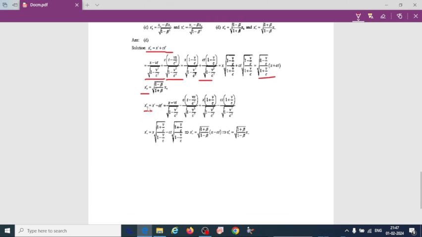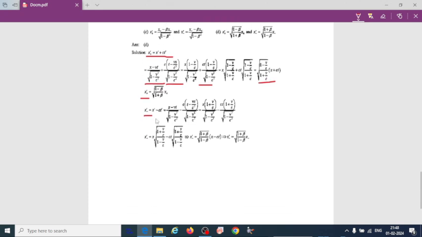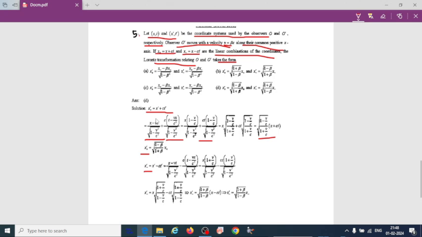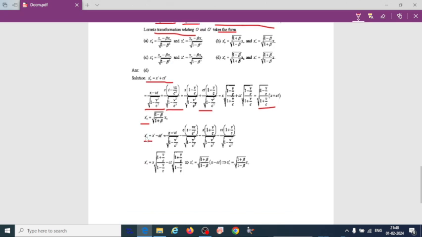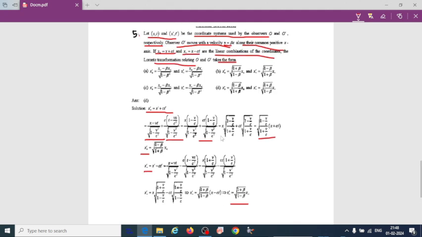These are linear combinations of coordinates. If we do the calculation for x minus prime, we again have the equation in terms of beta, that is 1 plus beta divided by 1 minus beta, times x minus. So here option D is correct, the Lorentz transformation relating O and O prime, which takes the form.